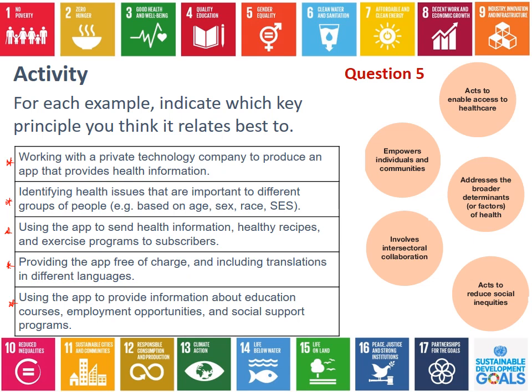And you'll probably notice here that the overall example is the same. We're talking about using an app, so creating a health app that's going to go out to lots of people and provide health messages. So which components of this app development and use fit with each of these principles of the social model of health?